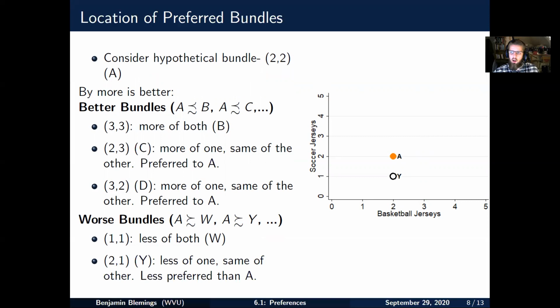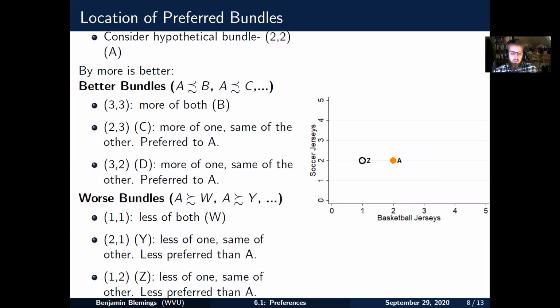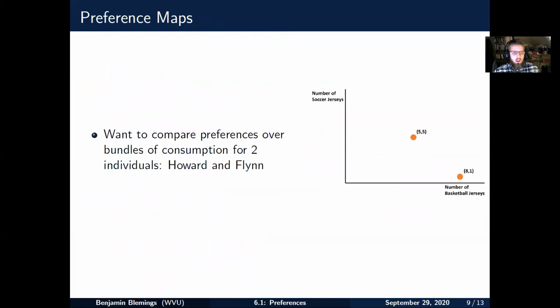Well, you're worse off, and so point Y is less preferred than point A. And finally, at point Z, you have 1 less basketball jersey and the same amount of soccer jerseys, and so we conclude that A is weakly preferred to Z in this scenario as well.